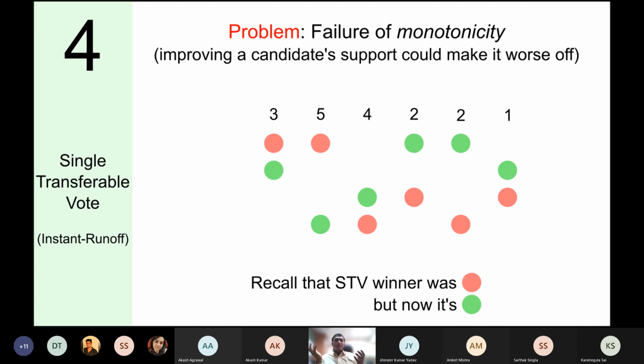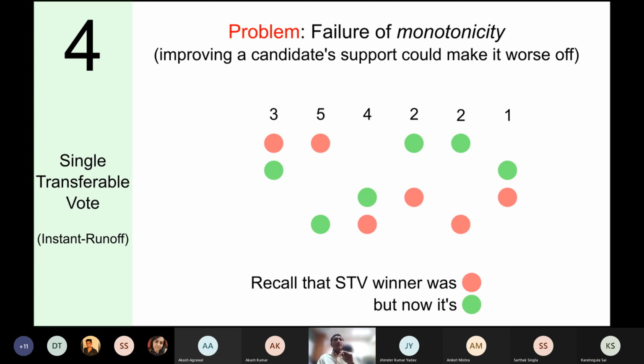It sounds very weird because the candidate's support is only improving. How could it lose an election? Intuitively, the reason is the multi-round structure of the voting rule. Sometimes improving the support of a candidate could change the order in which the other candidates are eliminated, as happened in this example.